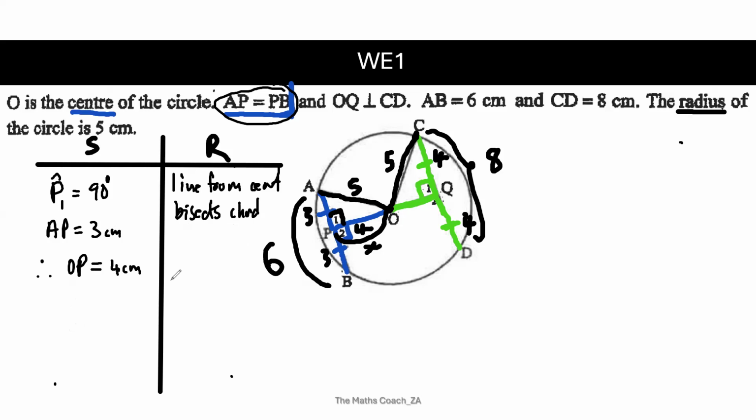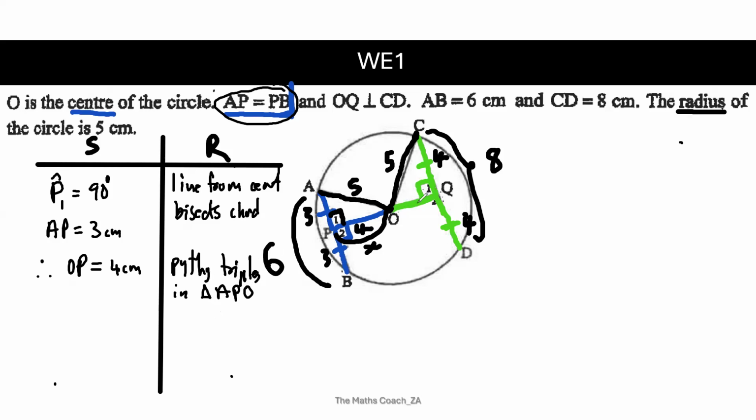So OP is 4 centimeters. Why? Pythag. And here I'll say Pythag triples, because really I know that if I have 2 sides as 3 and 5, the other side must be 4 in a right angle triangle. Sometimes examiners find it easy and appreciative if you indicate which triangle you're working in. So I'm going to indicate this triangle APO to make it easy for the marker to see what I'm talking about. All right, let us wrap this up.